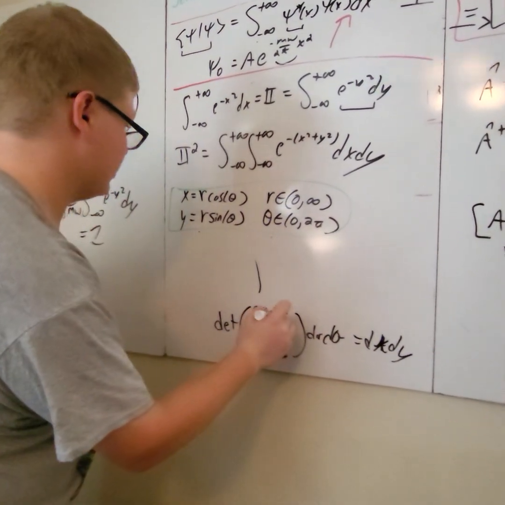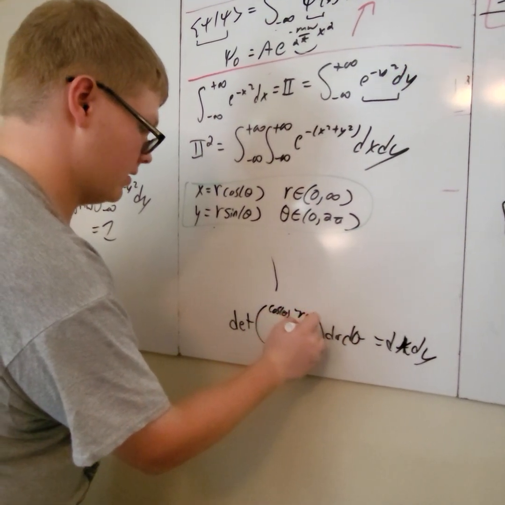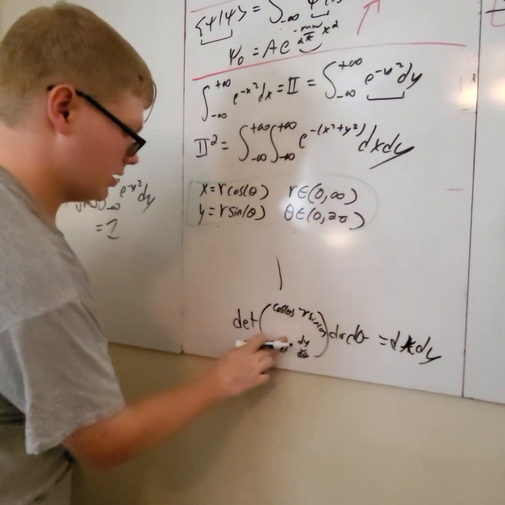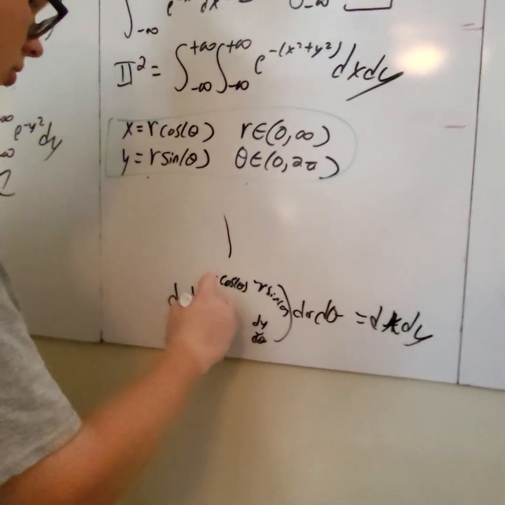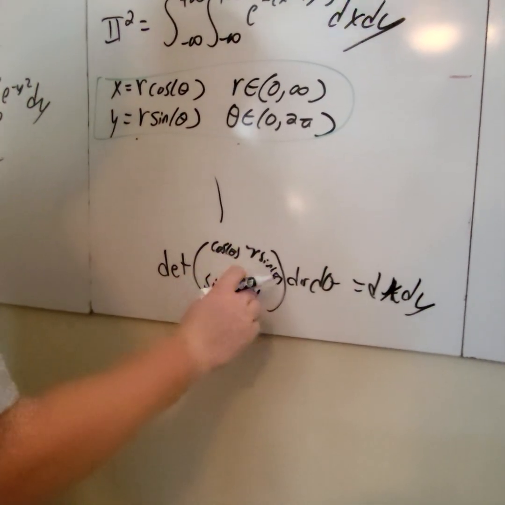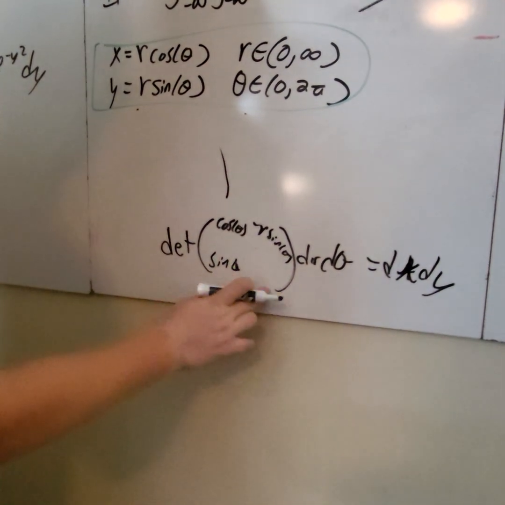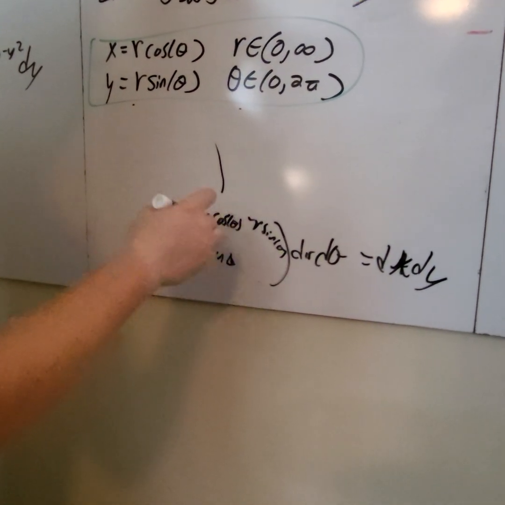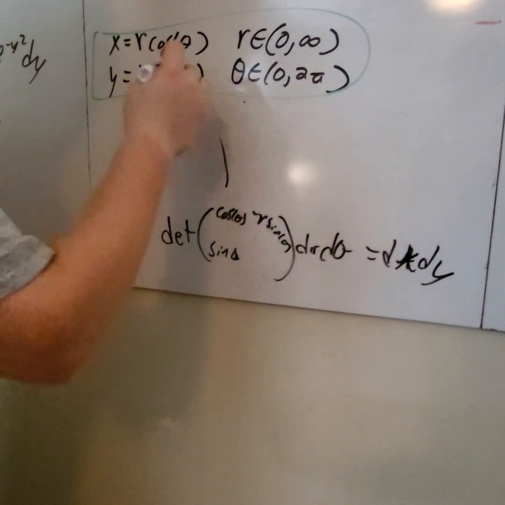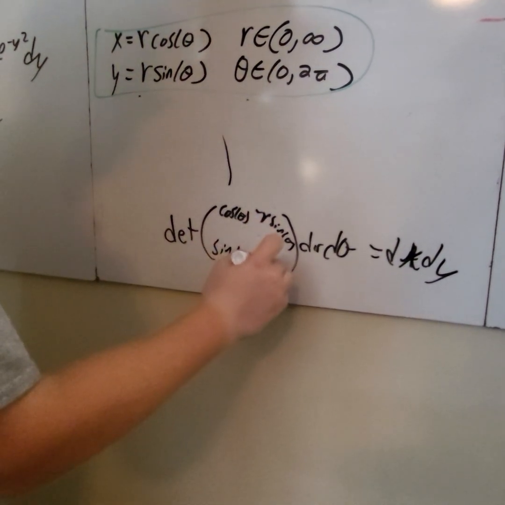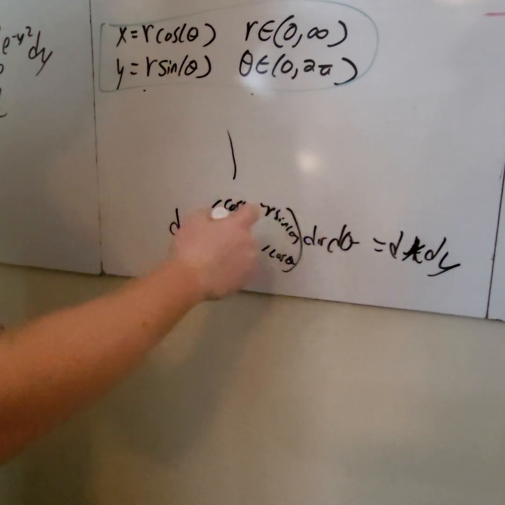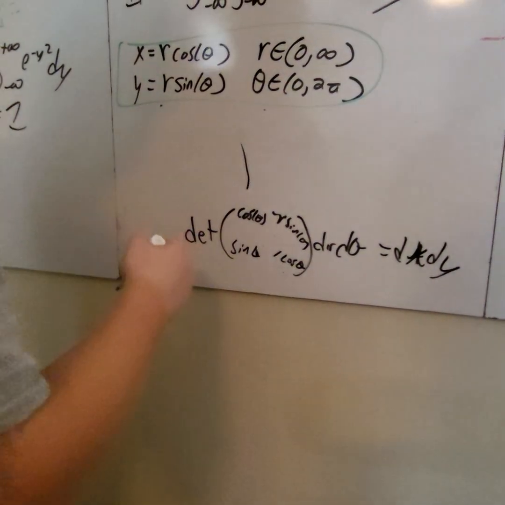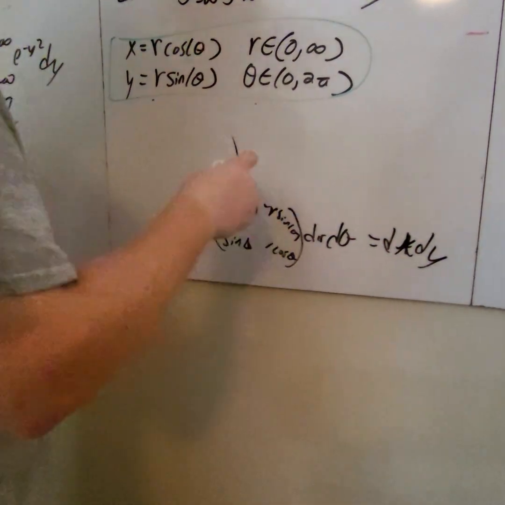Okay. Derivative of y with respect to r is just sine theta. And derivative of y with respect to theta is r cosine theta. And that's just the rotation matrix, well, with the factor of r.